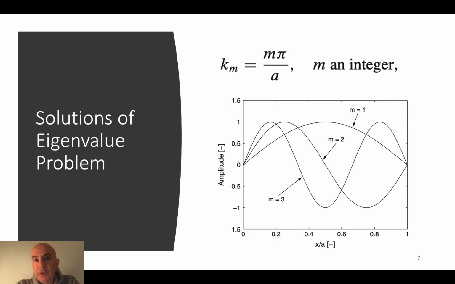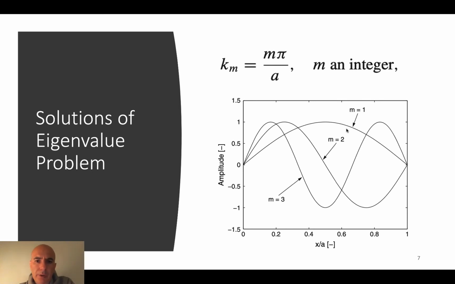We know how to solve this equation. In order to have a non-zero solution for an eigenfunction or eigenmode, the k, which is our eigenvalue, must be m multiplied by pi over a, where m is an integer. So we will have a series of eigenvalues.